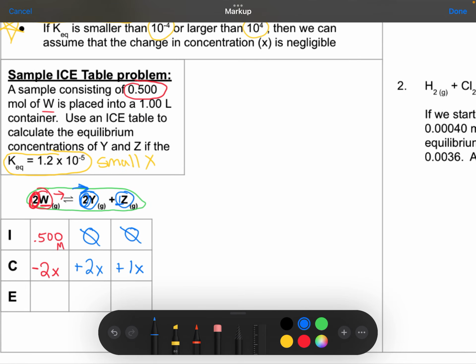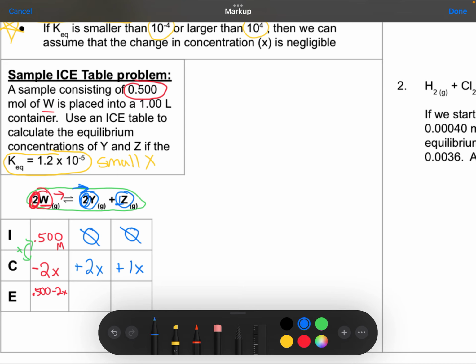So what that means is that at equilibrium, we are actually going to sum those 2. We're going to sum the I and the C boxes. So those 2 we're going to add together to be our equilibrium concentration. So if I add 0.500 and negative 2X, I get 0.500 minus 2X as my equilibrium.